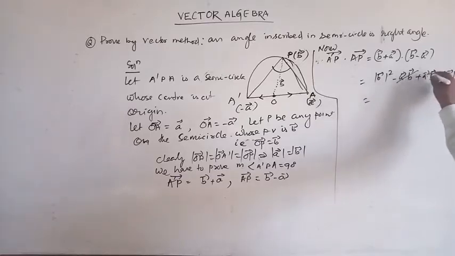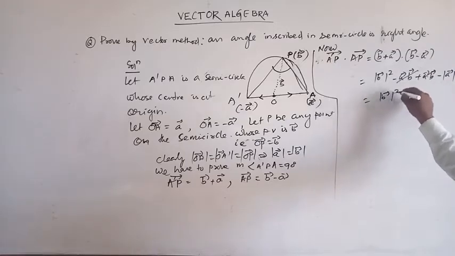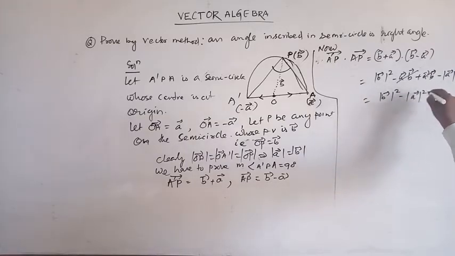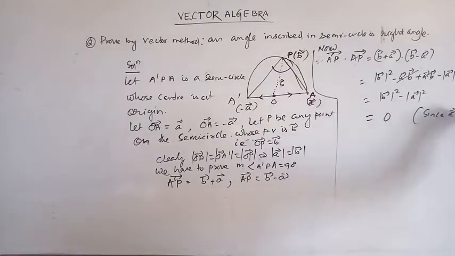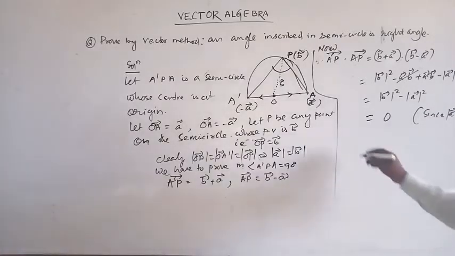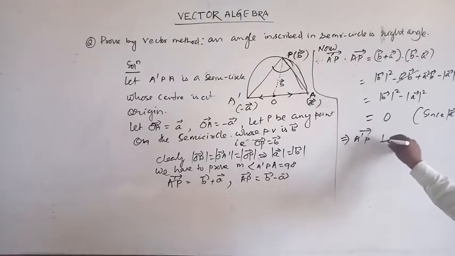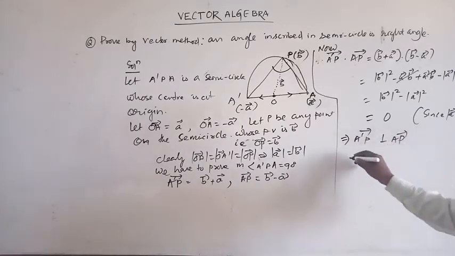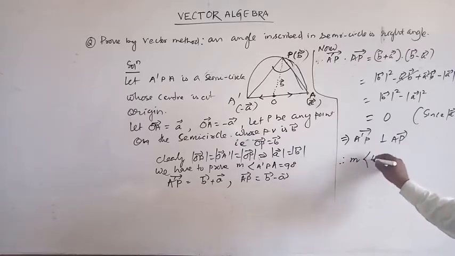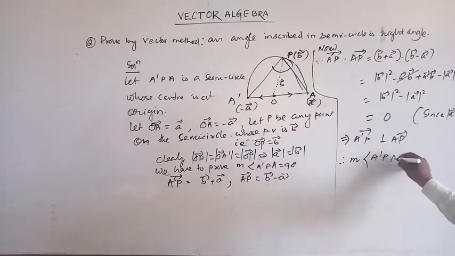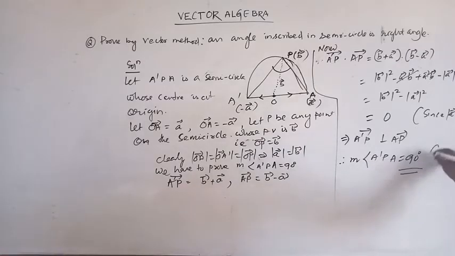So this cancels, that is magnitude B square minus magnitude A square. Since this is equal to 0, since magnitude A is equal to magnitude B, therefore A'P vector is perpendicular to AP vector, therefore the measure of angle A'PA is equal to 90 degrees. Proved.